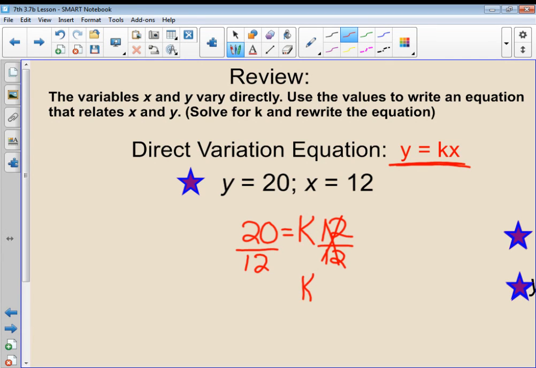So k equals 20 divided by 12, which gives us 1.6 repeating, and we're just going to use the repeating symbol. Now if we substitute in, our final answer is y equals 1.6 repeating x, or we could write that as 1 2/3, and then our x right behind it. Either of these would work.